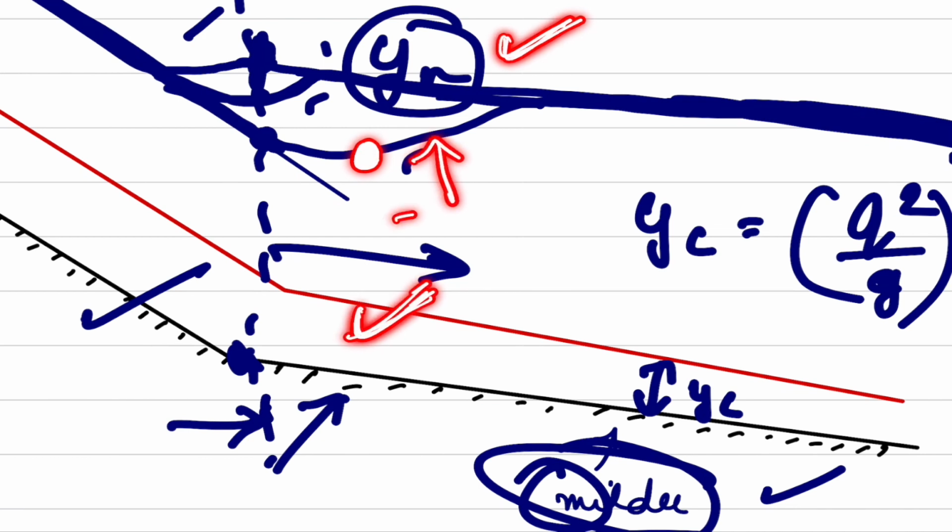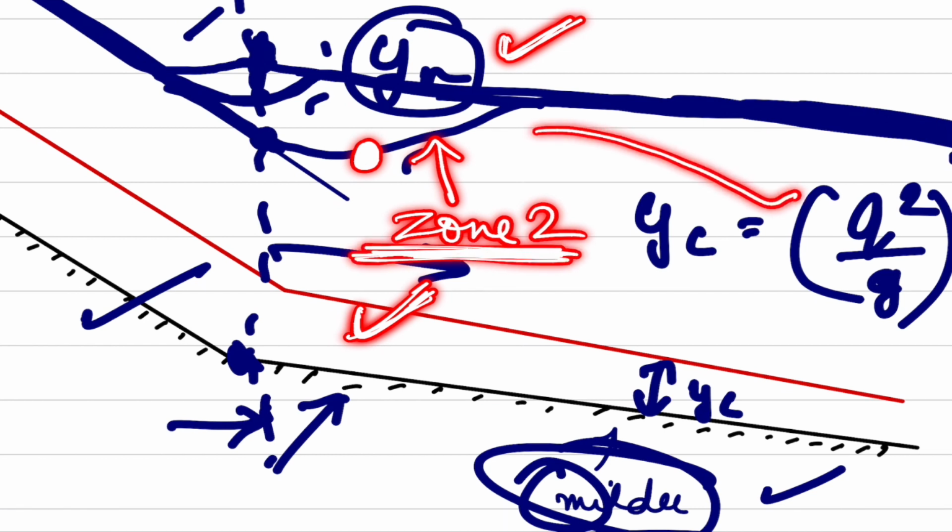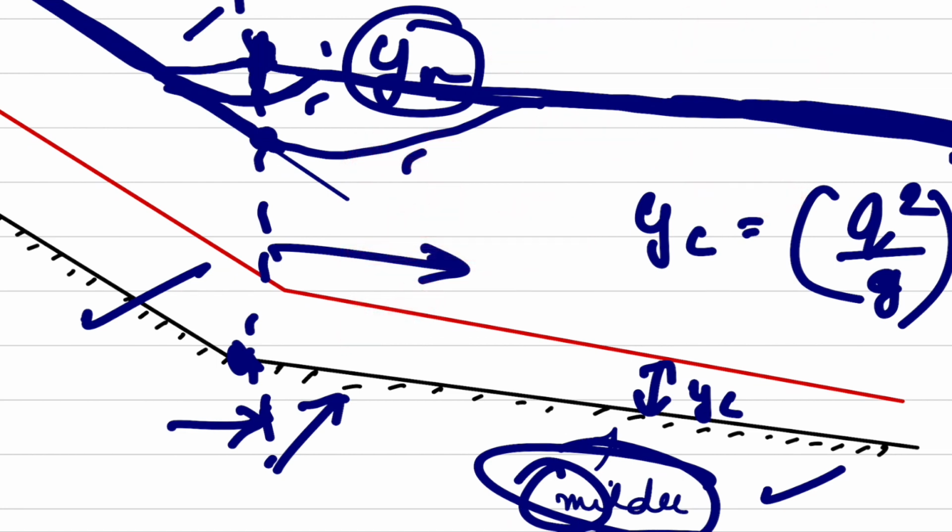That means this is zone 2. And in zone 2, we only have receding profiles. If you recall, S2 as well as M2 both correspond to drawdowns. They cannot be rising like this. They have to go down. That means this profile is not possible.